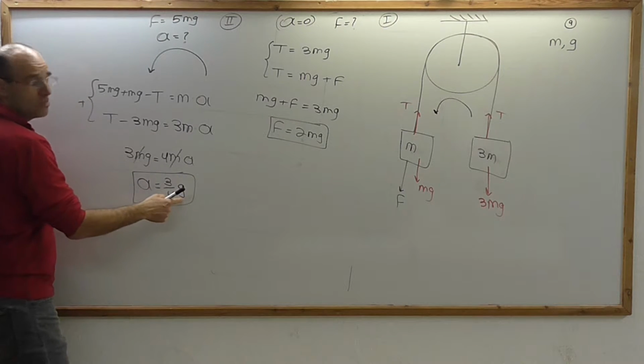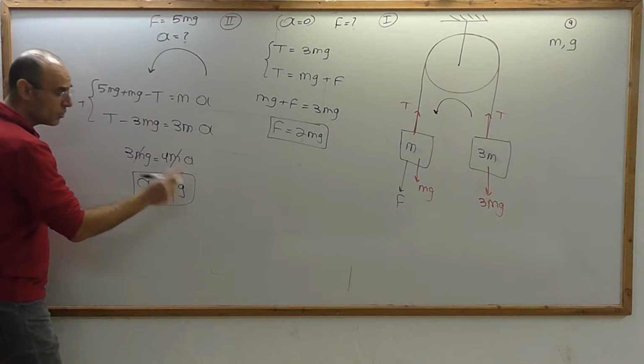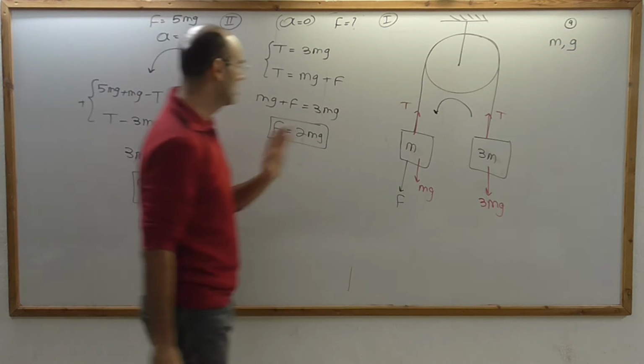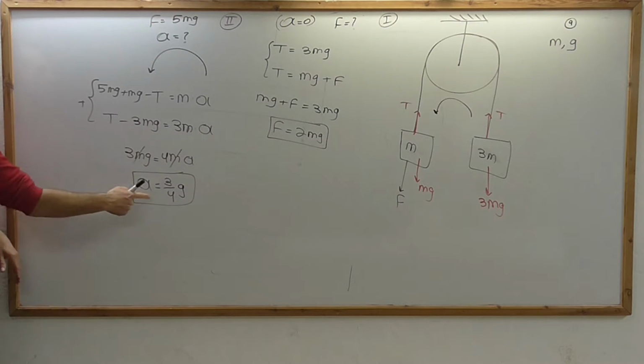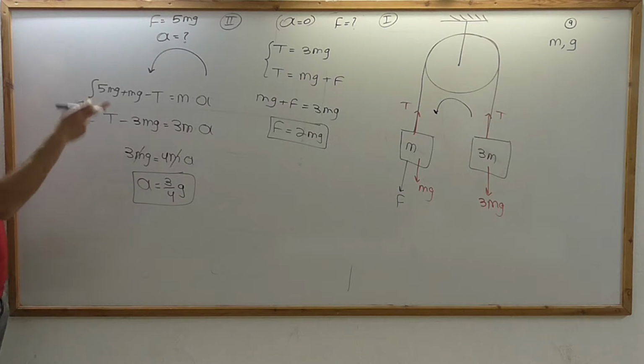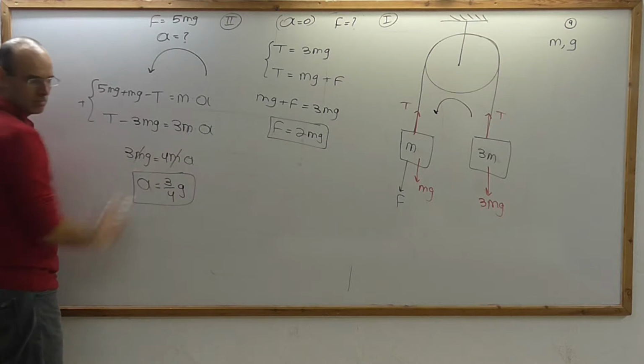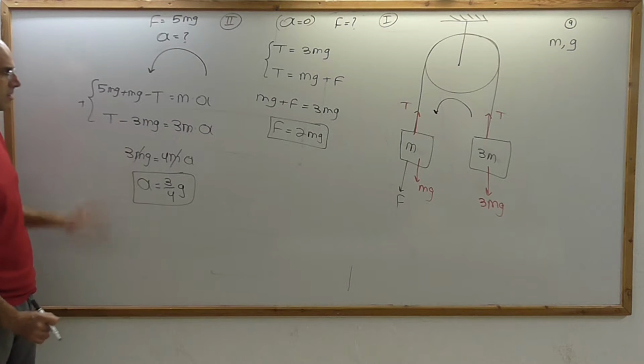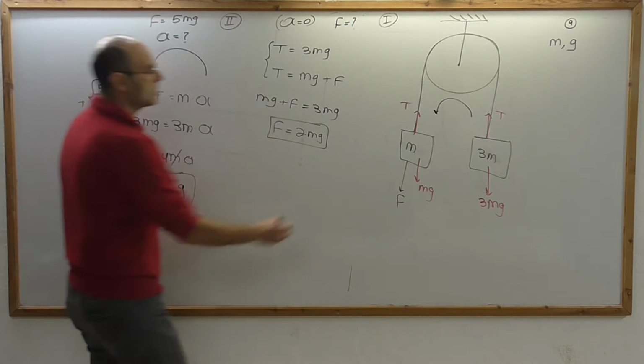And we don't write 10, 3/4 of 10, we just leave it like that, because the answer must be given with g or m. Okay, so now we know the acceleration. If we want to know the tensions, just put, instead of a, 3/4 g, and find the T. Okay, third example.